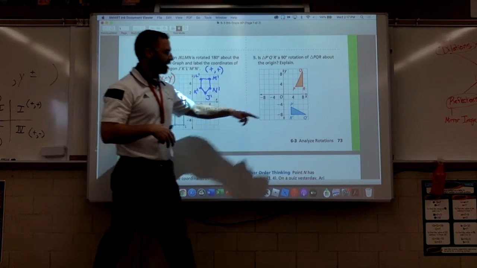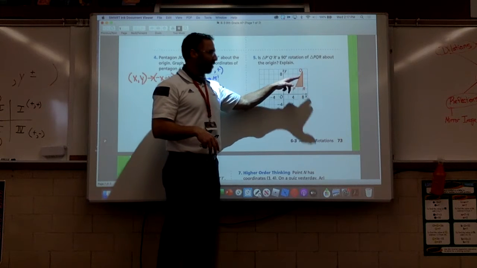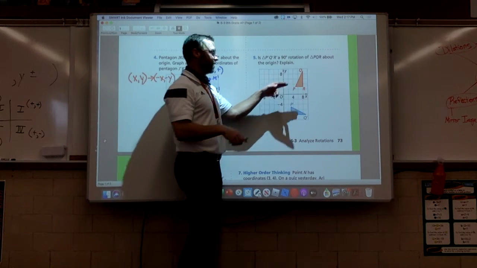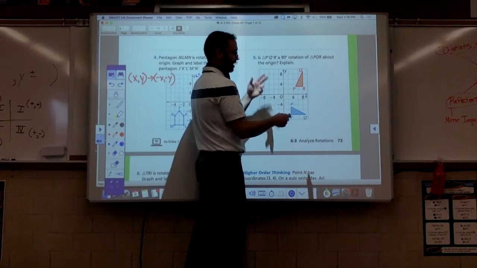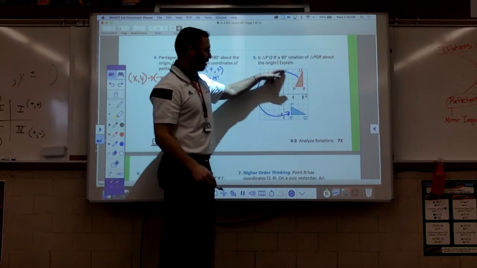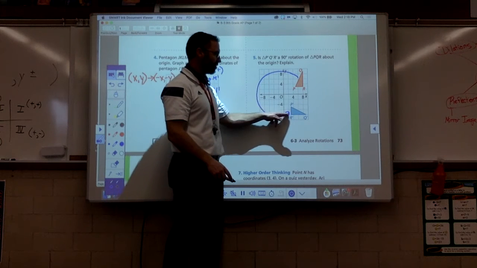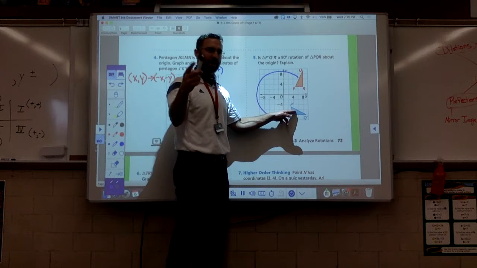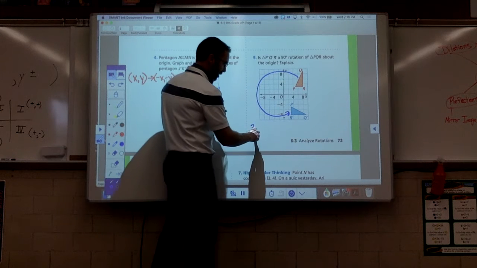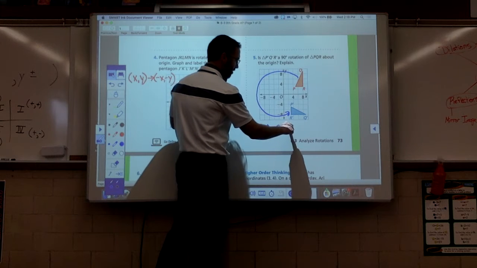Number 5, is this image a 90 degree rotation of this? So if we take this and rotate it 90 degrees, well, let's check. We're going from here all the way around to there. Okay? We're going through 1 quadrant, 2 quadrants, 3 quadrants. Each quadrant's 90 degrees. So we would take 3 times 90, which is 270 degrees.